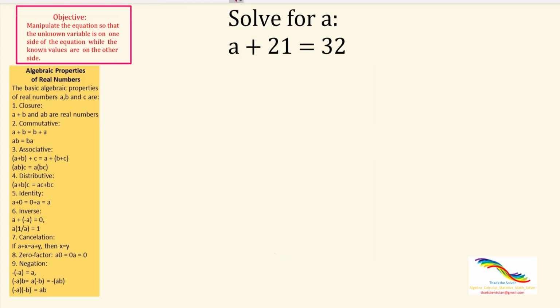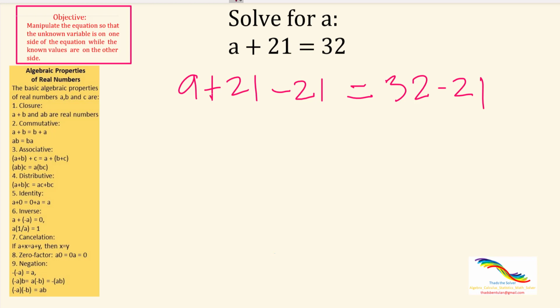So let's proceed now. So that's a plus 21 minus 21 equals 32 minus 21. We have explained it earlier that whatever you do to the left hand side of the equation, you must also do to the right hand side of the equation.